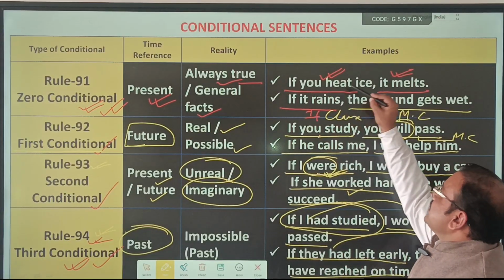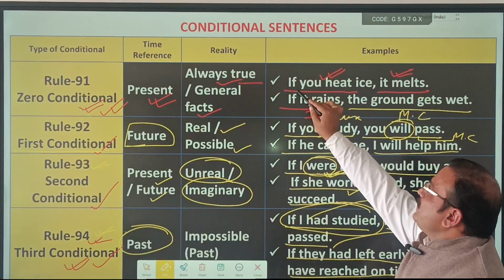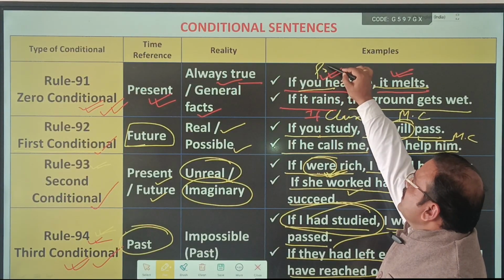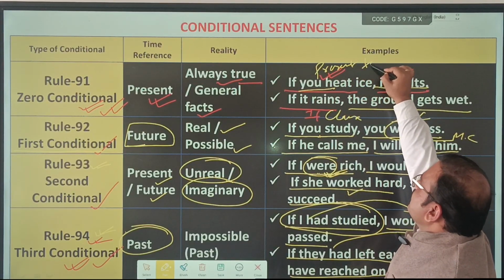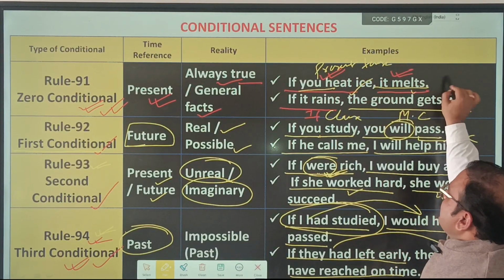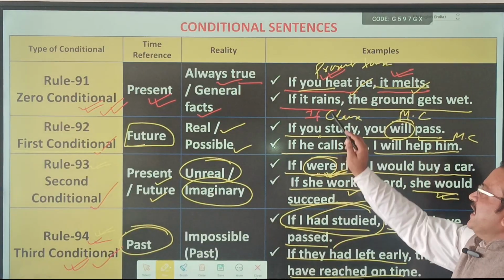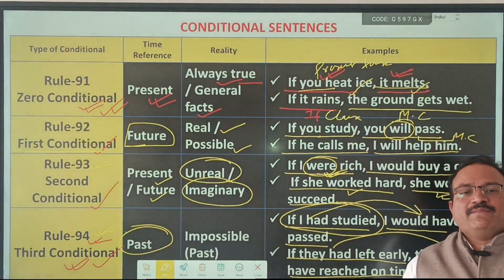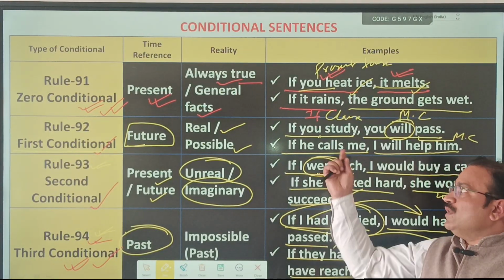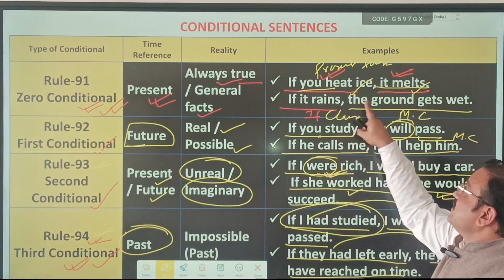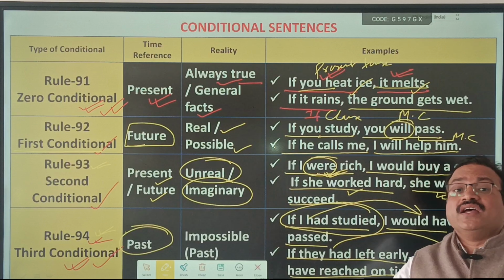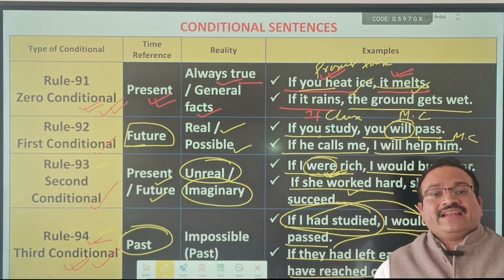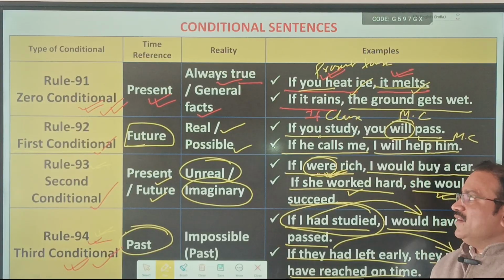And in this, what you have to see, if clause and main clause both will be in present tense. If it rains, the ground gets wet. Both in present tense. In examination, what they will do, if it rains, the ground will get wet. Wrong. Translation हिंदी में करेंगे तो सही दिखेगा, लेकिन grammatically it is wrong.